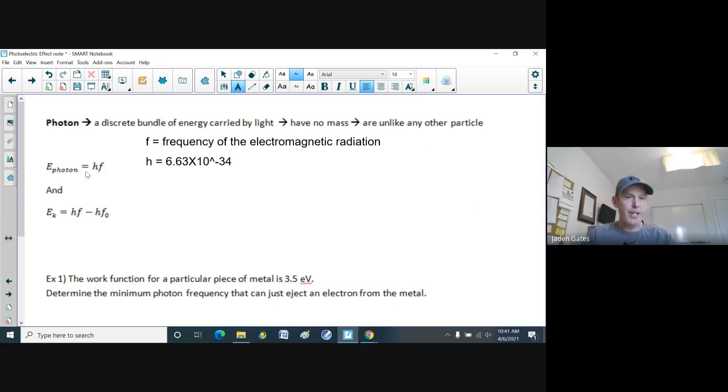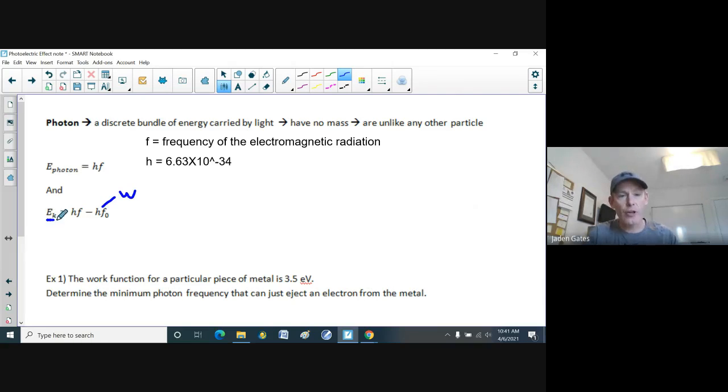And what happens is that each electromagnetic radiation has a certain amount of energy. Now, if you get past the threshold frequency and you get past the work function, which this h times f naught is, that's the work value, well, then there's leftover energy.